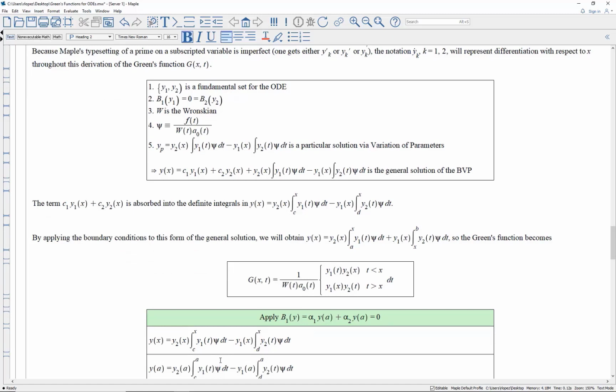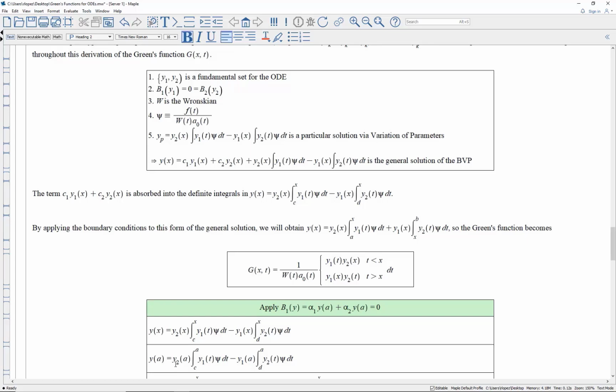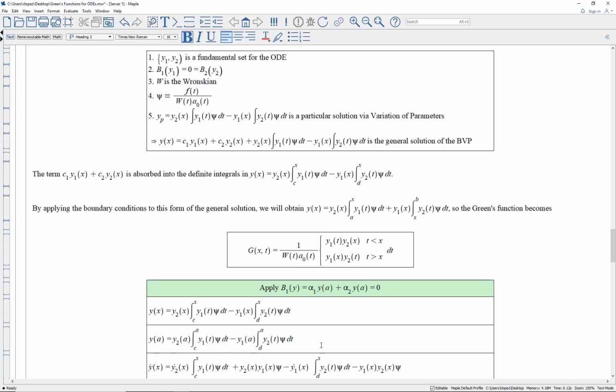Now I'm going to apply B1. Well, B1 is the condition on the left, so I need y at A, and I will need y prime at A. So let's see what y at A looks like. y2 at A, integral c to A. y1 at A, integral d to A. That part's easy. Now we have to take the derivative.